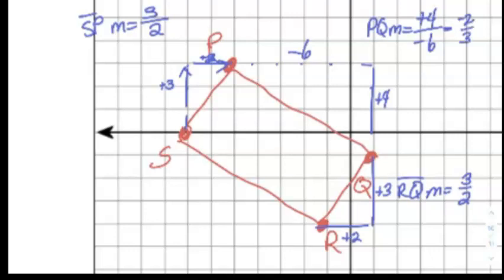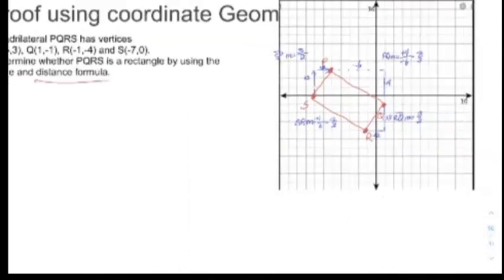Can check also SR, and its slope is also, when we go down 4 and then to the right 6, which still simplifies to a negative 2/3. So we have shown that our slopes are all parallel, so we do have a parallelogram.